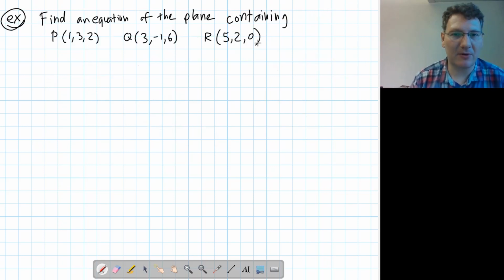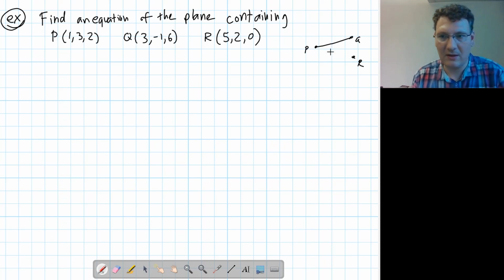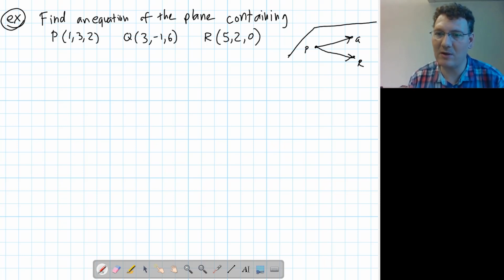Okay, here's another example. We want to find the equation of the plane that contains points P, Q, and R. And so if you think about it in space, if this is P, this is Q, and this is R, any 3 points will determine a plane. If we want to have the plane that contains these points, what we still need is a normal vector that sticks up like this, which would be normal to either of those two vectors, orthogonal to them.